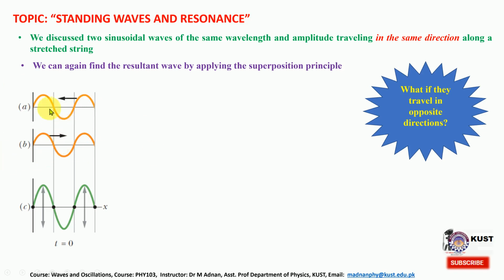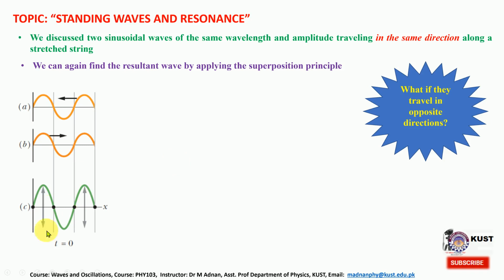So at a given point they will encounter each other, and let's say we took this resultant wave snapshot when t is equal to 0. That is, at t equal to 0 we get a pattern like this, such that the peak matches the peak, and the depth of the wave traveling to the left exactly matches the depth of the wave traveling to the right.